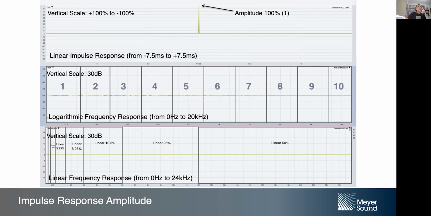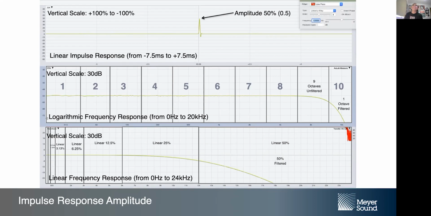We are having the divisions half and half and half and half. So when there is no filtering in any single frequency, the amplitude of the input response is 100%, that means 1.